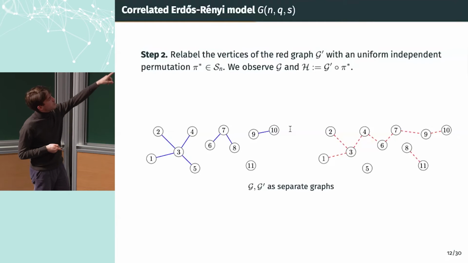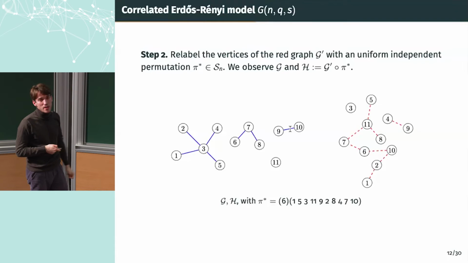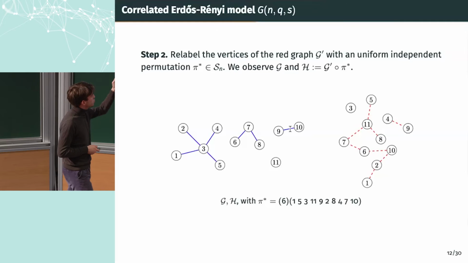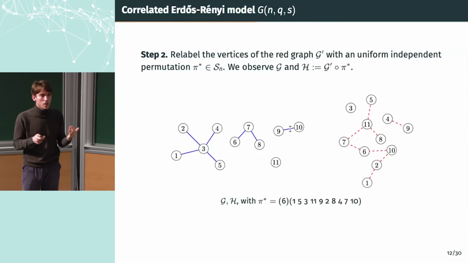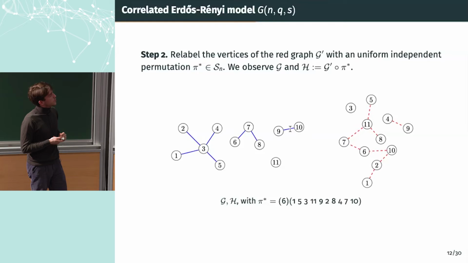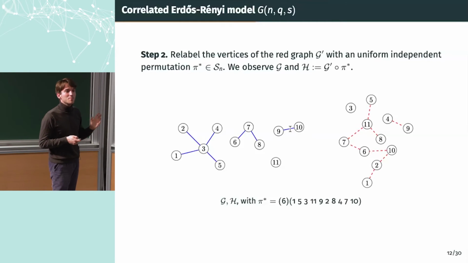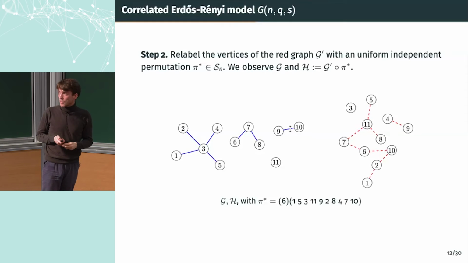So you see that here, if I show you those two graphs, it's pretty obvious what is the alignment because I didn't do anything. But of course, before showing it to the statistician, I relabel according to some uniform permutation, pi star. I relabel the second graph. Okay. And now I show you these two graphs, and it's a bit less obvious what is the alignment and how to find it. Okay, is that clear?